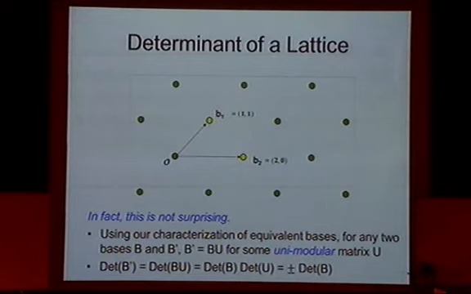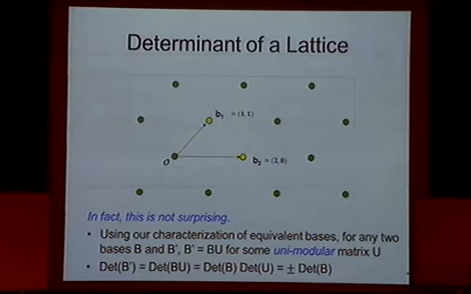Remember our characterization of equivalent bases. B and B prime are equivalent if I can write B prime as B times U for a unimodular U. What that says is that the determinant of B prime is equal to the determinant of B times the determinant of U, which is equal to the determinant of B, because U is unimodular. That's determinant 1, plus or minus 1. So any two bases that generate the same lattice have the same determinant.